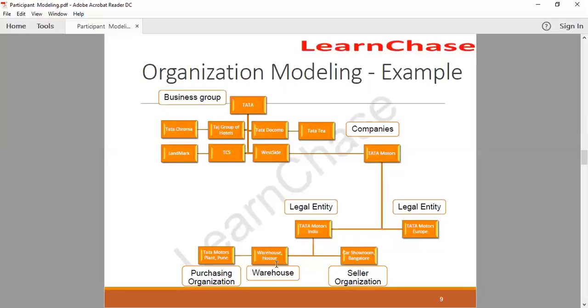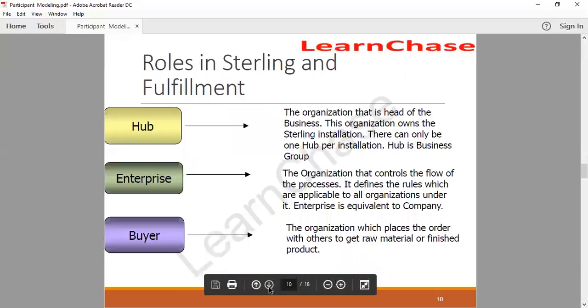And apart from these, we have the showrooms for Tata, the finished product, that is the seller organization. So when I define the organization model, I need to define it in this form. Sterling takes in the business group, the company, the legal entities, and the other basic things which are available. That is the basic thing which you need to understand first.